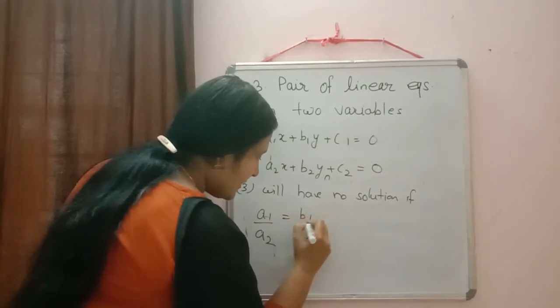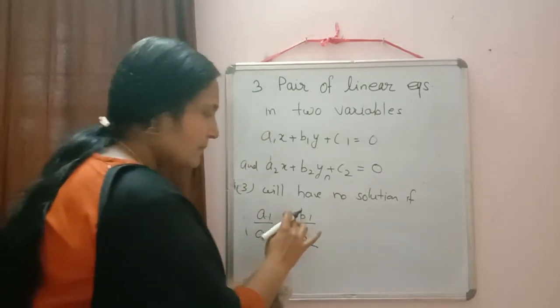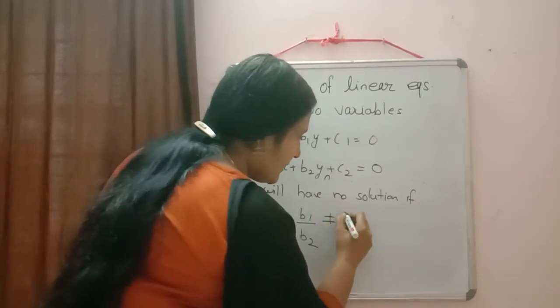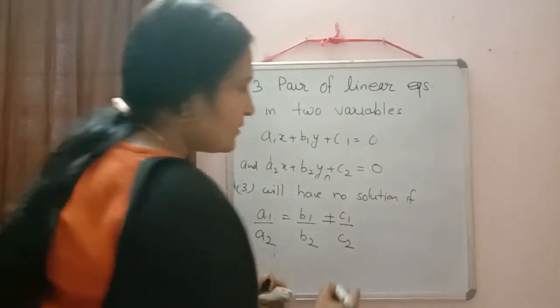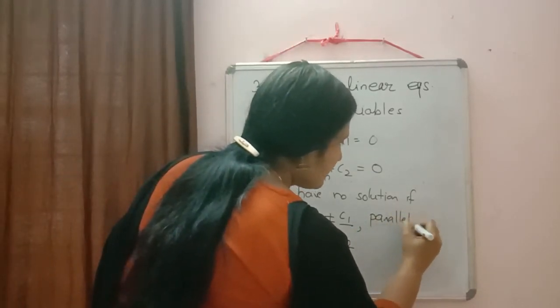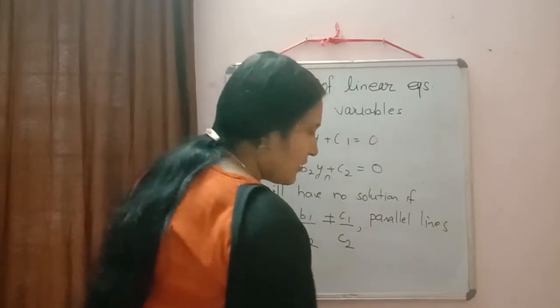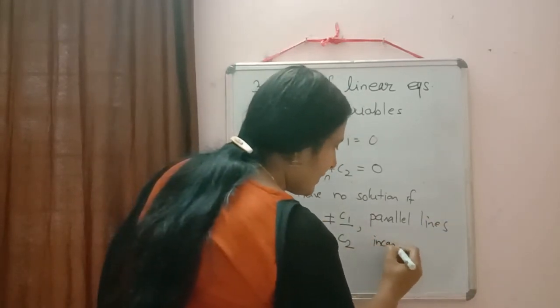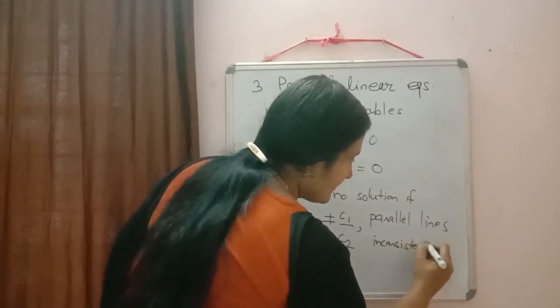So we studied in parallel lines, this is the condition we get: a1 by a2 equal to b1 by b2 not equal to c1 by c2. Which type of lines are we getting? Parallel lines. And the solution is not there. That's why the given pair of linear equations is inconsistent.